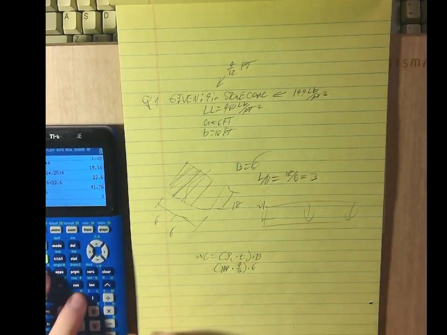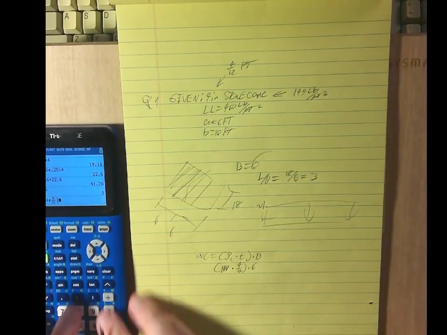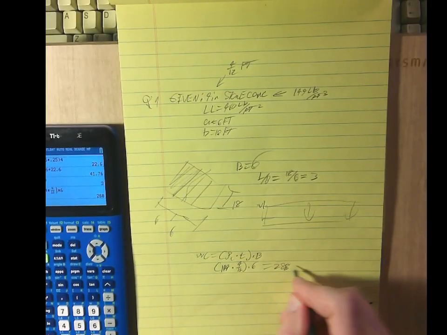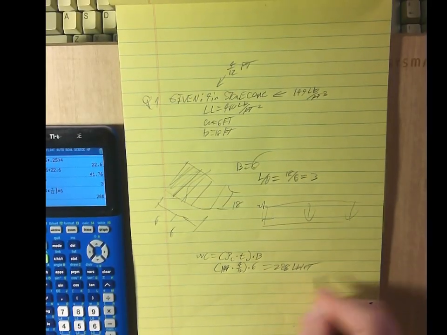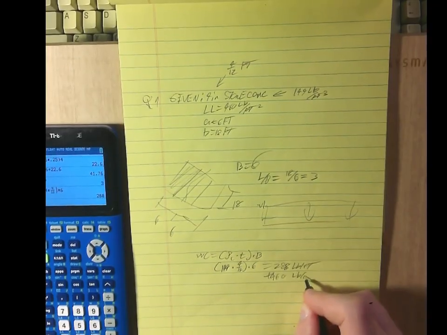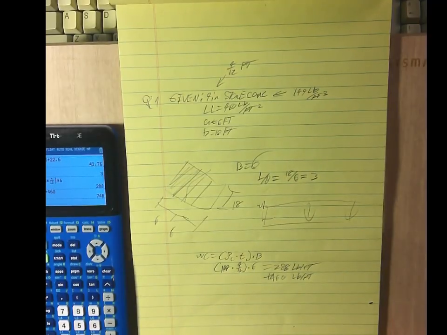So this is going to be 288 pound per foot plus the 460 pound per foot here. I'm getting 748 kip foot.